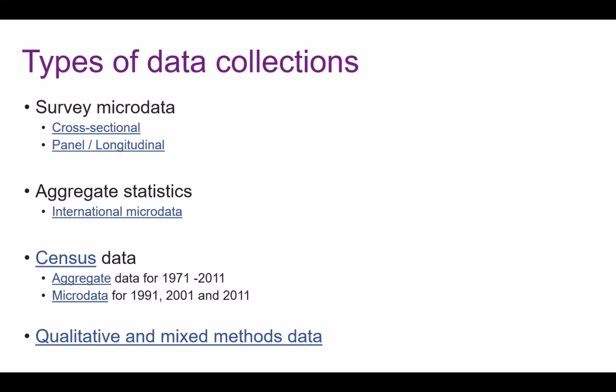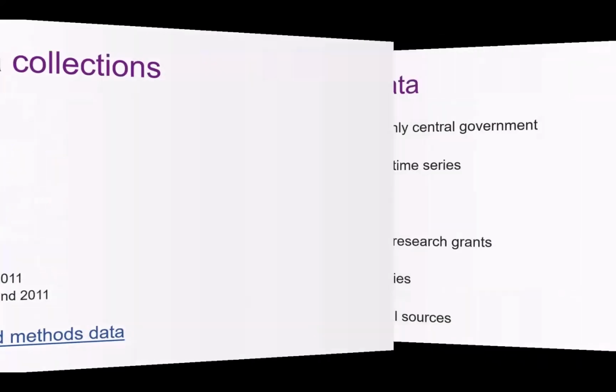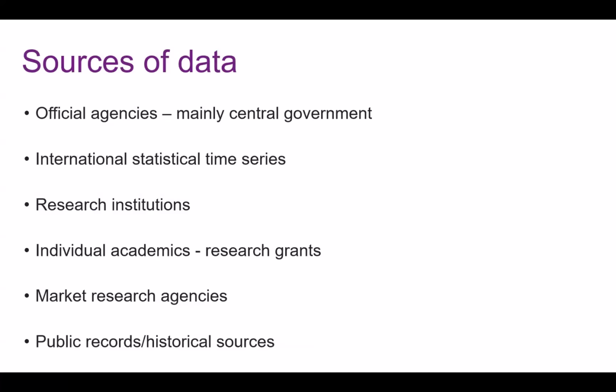So we have survey data, both cross-sectional and longitudinal, aggregate statistics, domestic, international macro data, as well as census data. So it's aggregate for the year 71 to 2011 and micro data for the select years listed there as well. But of course, today I'm going to focus on our qualitative and mixed data collections.